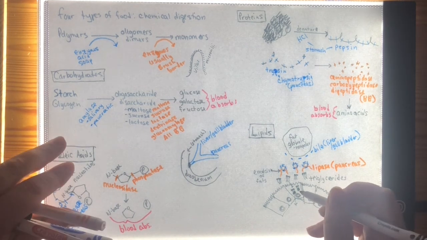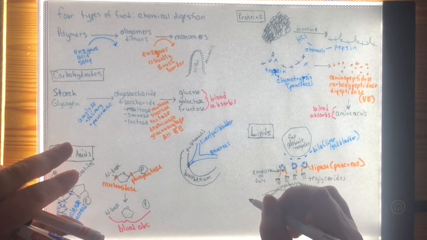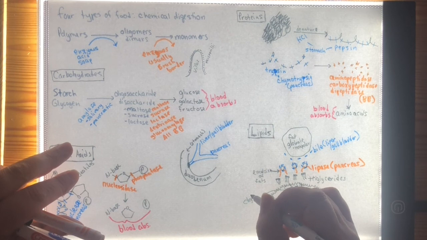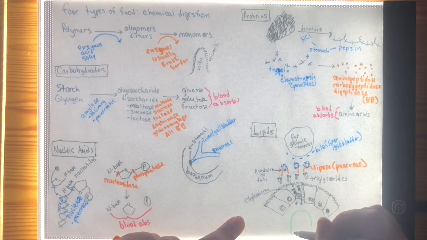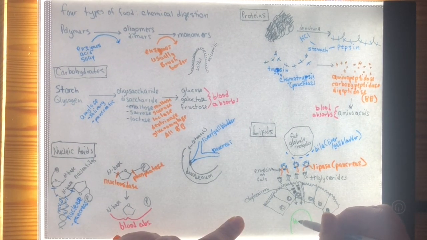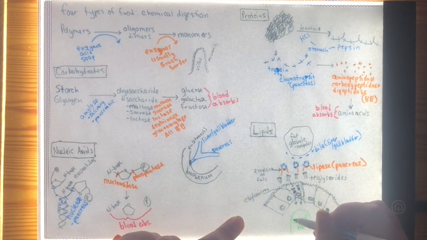Remember that is made of simple columnar epithelium, and so the triglycerides go directly straight through the membrane of these simple columnar epithelial cells, and then they are bonded to a protein. This protein is sort of like a chaperone or a carrier, and together, triglyceride and its protein carrier would be called a chylomicron.